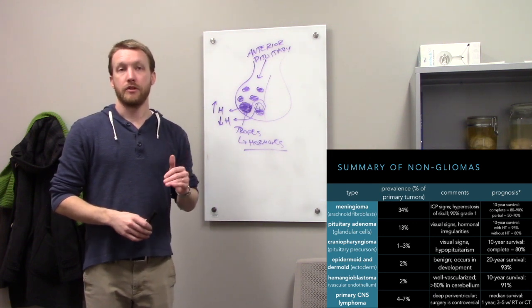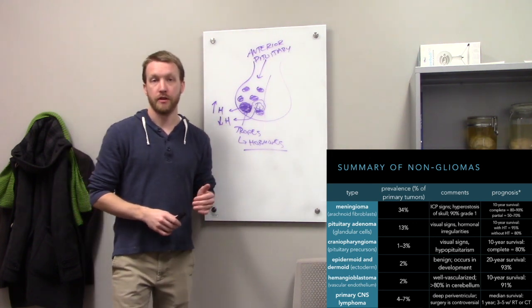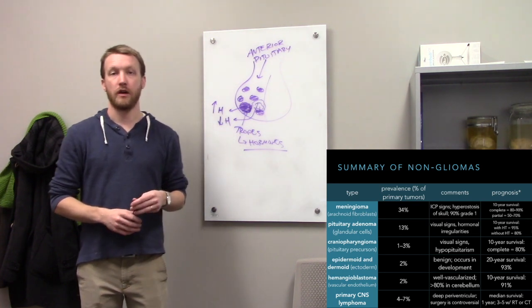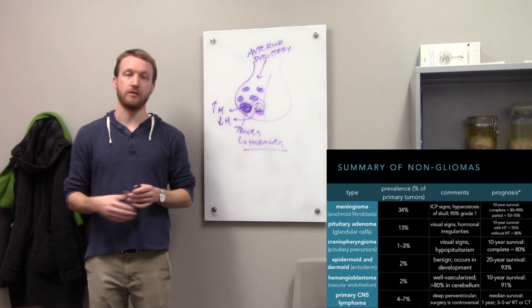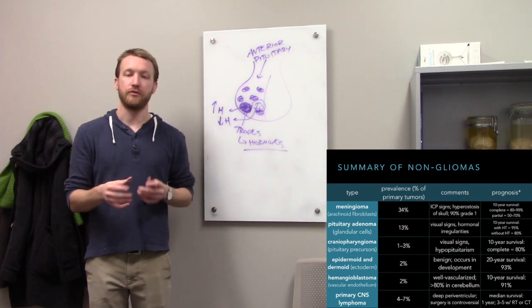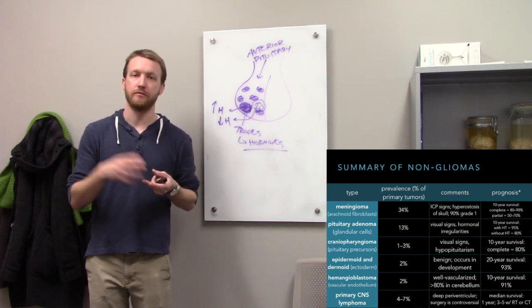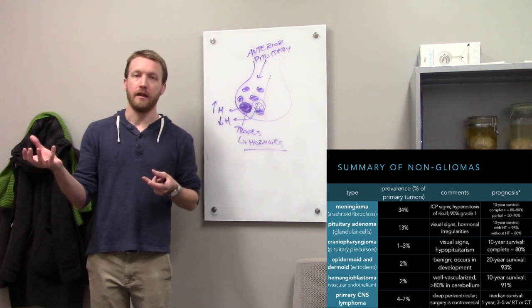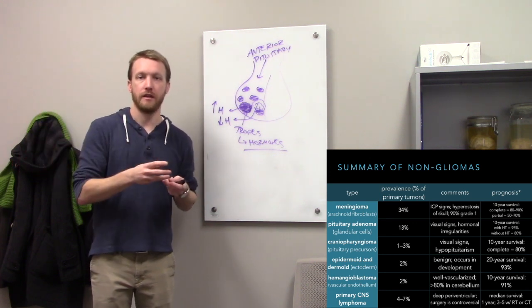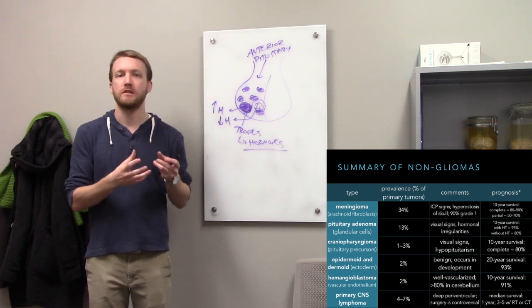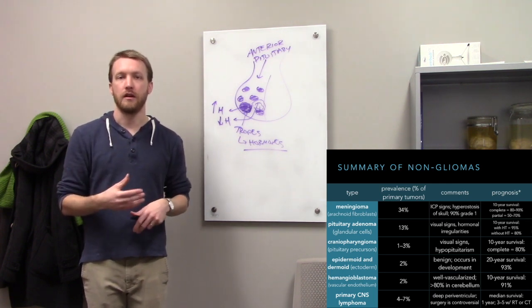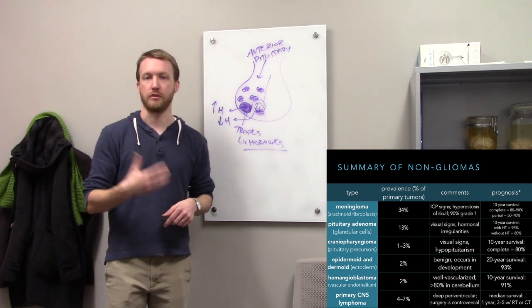The next type of tumor would be the epidermoid and dermoid tumors. These are derived from ectodermal precursor cells. So this occurs early in development, before we've really separated our nervous system from the skin. And so these cancer cells migrate in very early on during development, live there, and often still develop into epidermal or dermal cells.